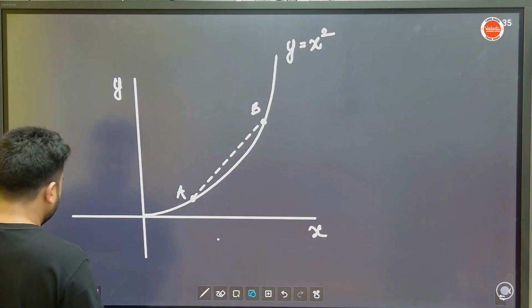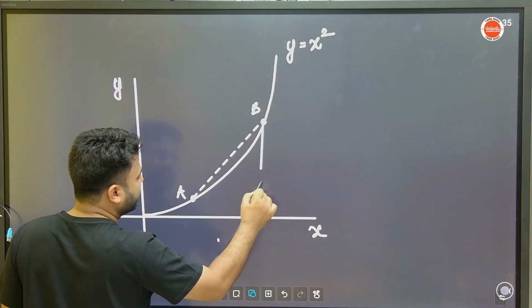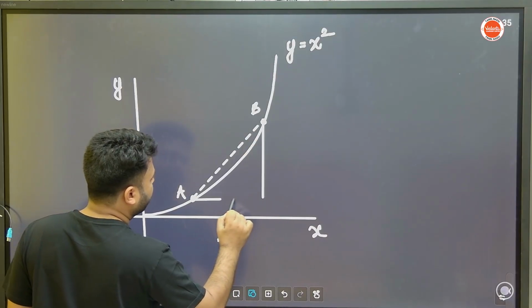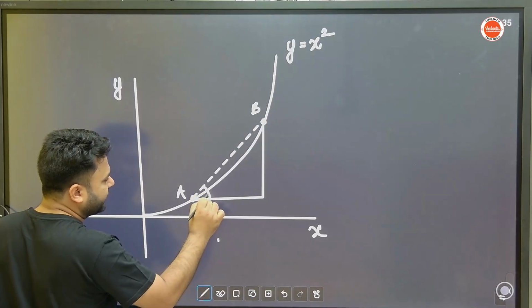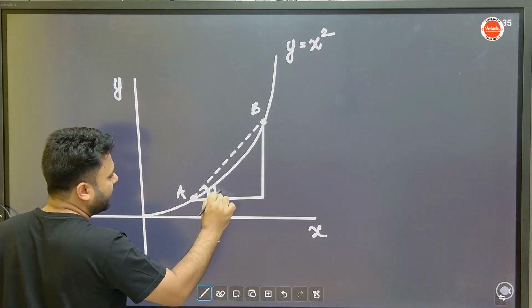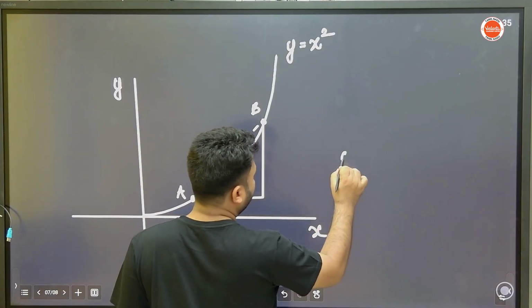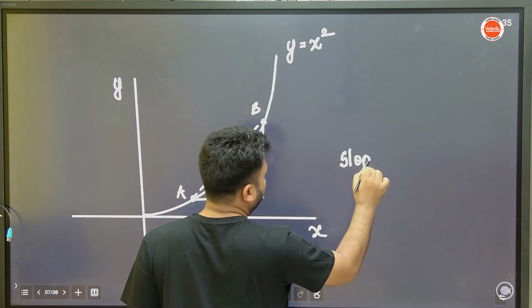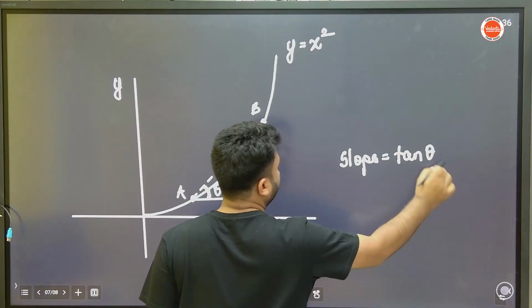So what will we have to do? We will connect like this. Again we will find the inclination of this line, this theta. So the slope of this dotted line will again be tan theta.